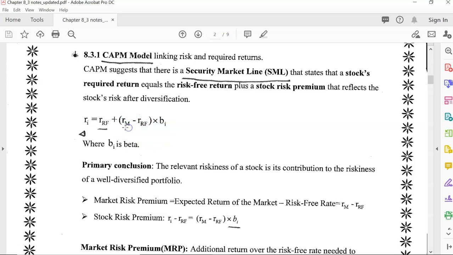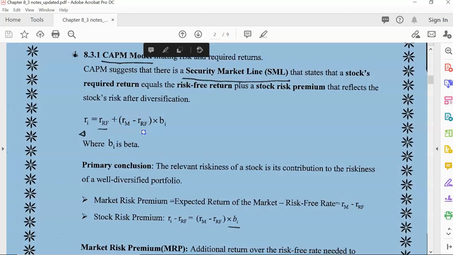And the market risk premium is the market return minus the risk-free rate. Remember, market return equals risk-free rate plus market risk premium, so market risk premium equals market return minus risk-free rate. Risk premium is the return of the asset minus the risk-free rate.